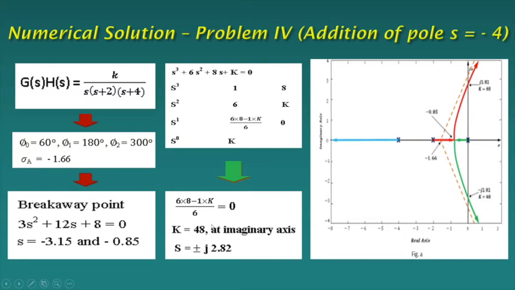Putting k equal to 48, we get s equal to plus or minus j 2.82. That means at that point k equal to 48, and this is s equal to minus j 2.82 and this is s equal to plus j 2.82. If the location of poles changes, then the value of gain k also changes. And the root locus becomes unstable if k is increased.